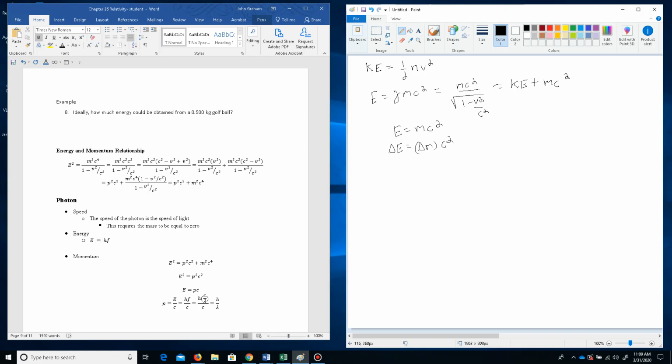Well, if we change all that mass into energy, so we have 0.5 times the speed of light squared, that will give us 0.5 times 3 times 10 to the 8th squared, which gives me 4.5 times 10 to the 16th joules. That's how much energy that we can get from just a 0.5 kilogram golf ball.